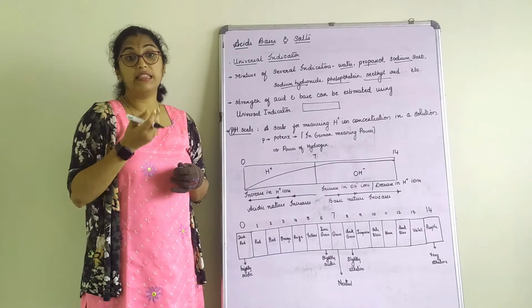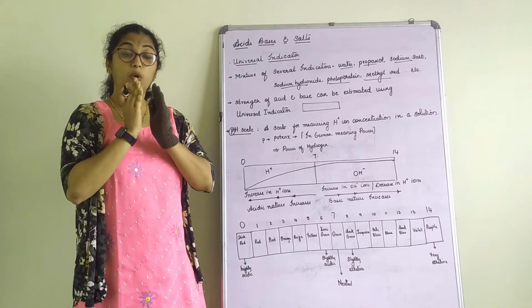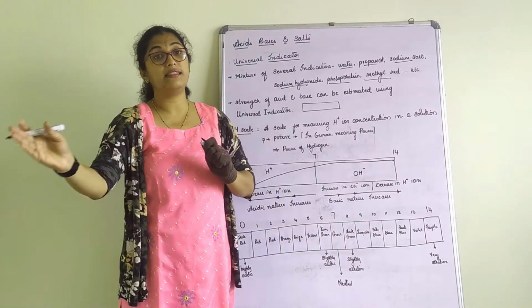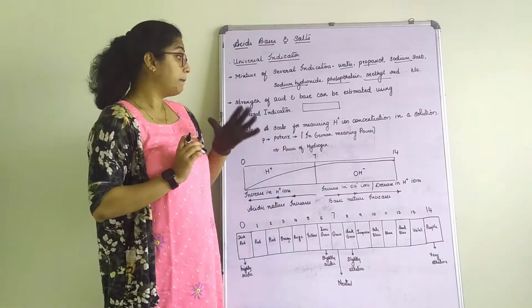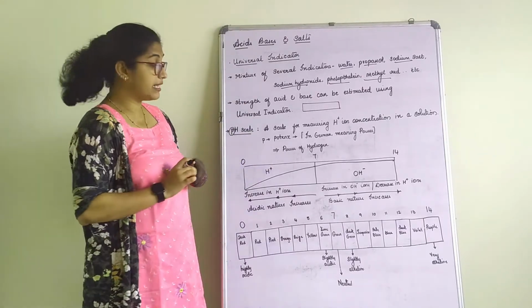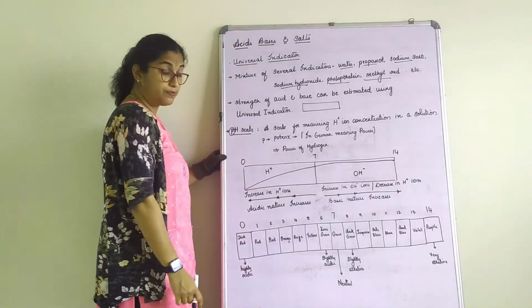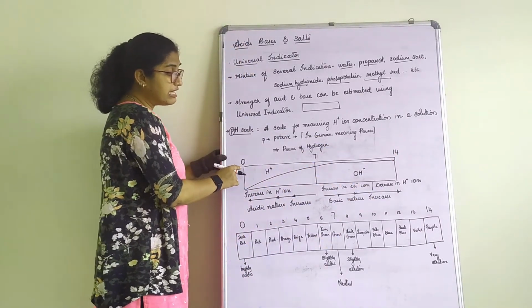Here, when we check with litmus, it will turn from blue to red or red to blue, which will only tell us this is an acid and this is a base, correct? But in the pH we have a scale. What is that scale? That scale starts from 0 to 14.